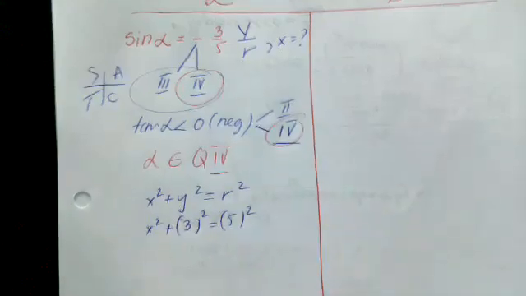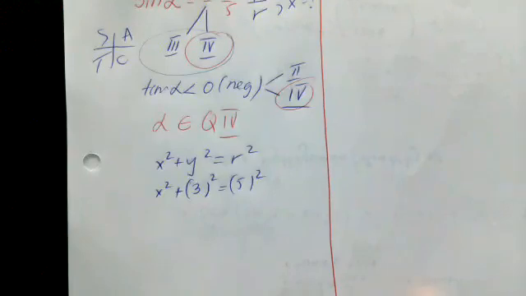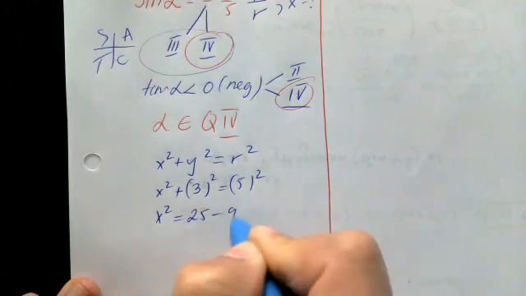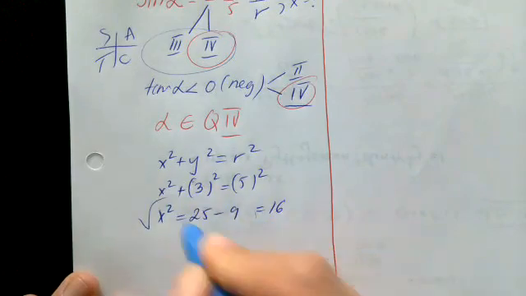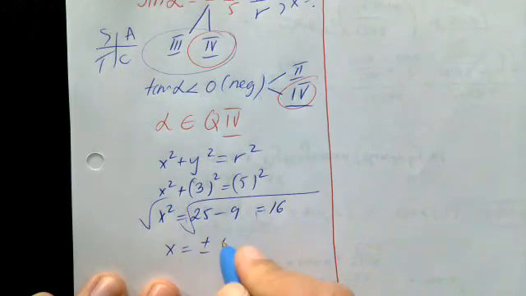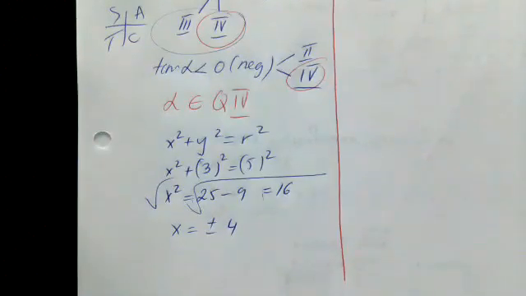It's up to you if you want to include the sign or not. It doesn't matter because when you square it, it's going to become positive, right? So it's going to be gone. X squared equals 25 minus 9, which is 16. Square root everything. X is positive, negative 4. We'll decide based on the function value.